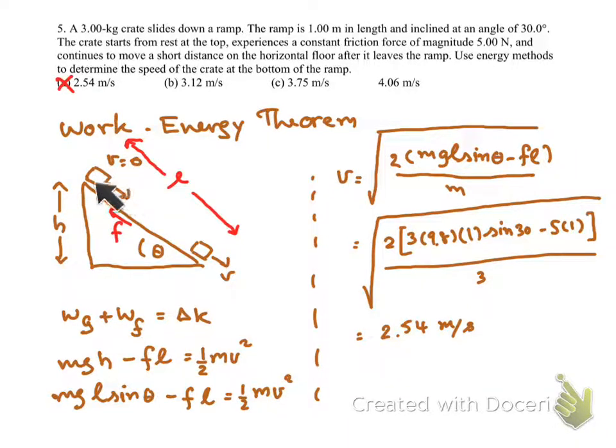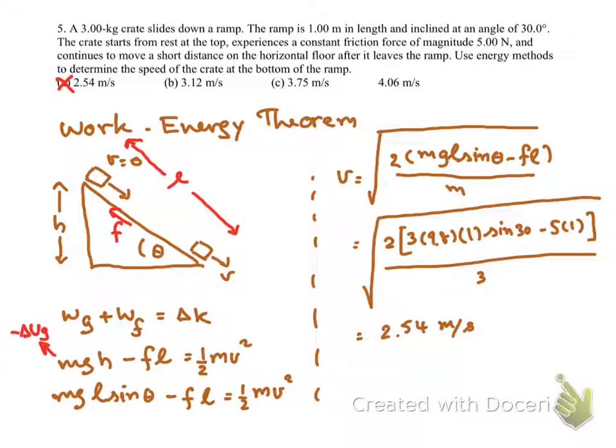The initial kinetic energy is equal to 0, and the final kinetic energy is equal to half of mv squared. So we have the work done by the gravity, which is equal to mgh. Notice that this mgh is equal to minus the change of the gravitational energy.